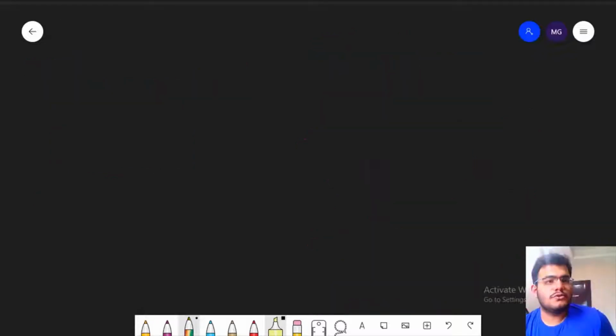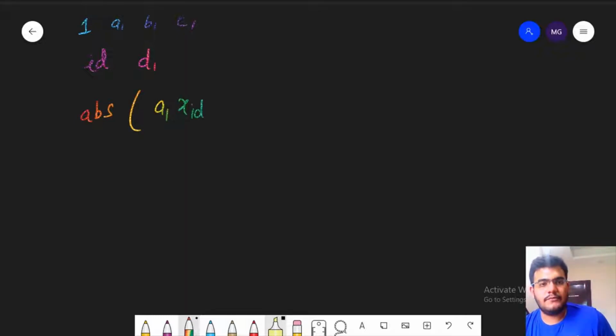So what actually happens when we ask a query for the values a1, b1 and c1, the grader will return us the id as well as the distance of that particular point which has the minimum distance. So this value, as we have already seen, is nothing but the absolute value of a1 times x of that particular jump whose id has been given to us, plus b1 times y of that particular id, minus c1, and as it is given to us, it will be equal to d1.